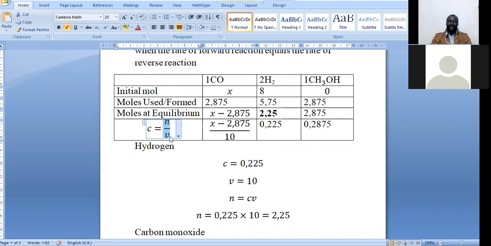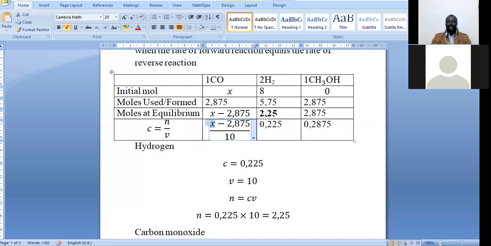So how do we calculate the concentration of carbon monoxide? It is the number of moles of carbon monoxide at equilibrium divided by the volume, which is 10. And that is what we have. We cannot simplify this and write a definite value because we don't know the value of X.